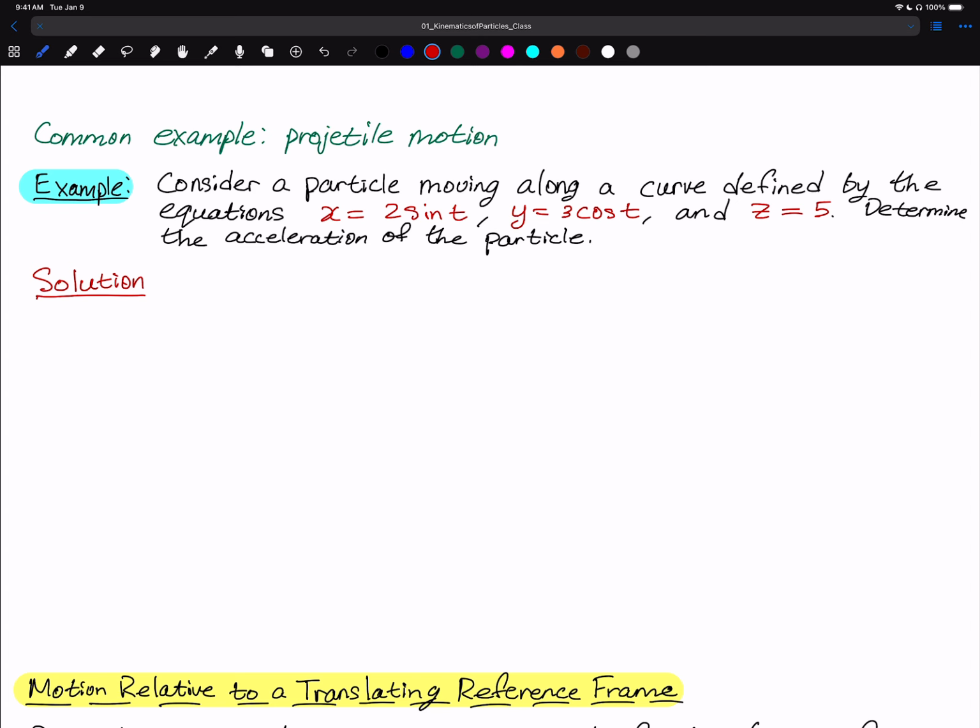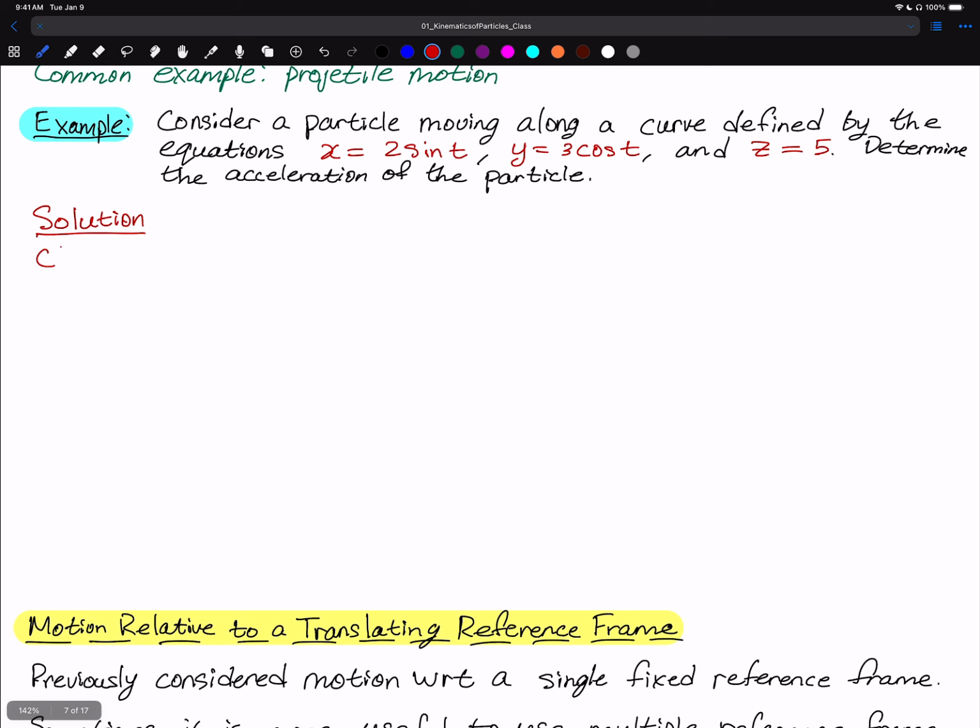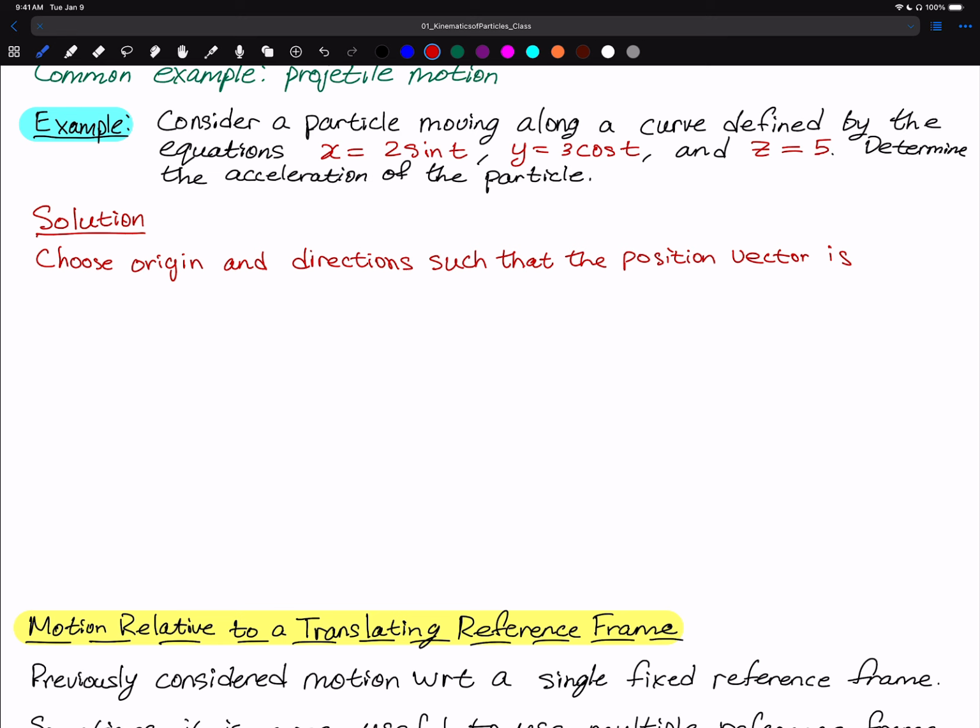So now we're asked to find the acceleration, so we need to go through our algorithm. We're going to start by choosing an origin and directions such that the position vector aligns with the curve.